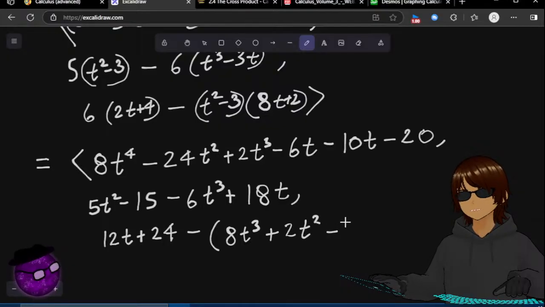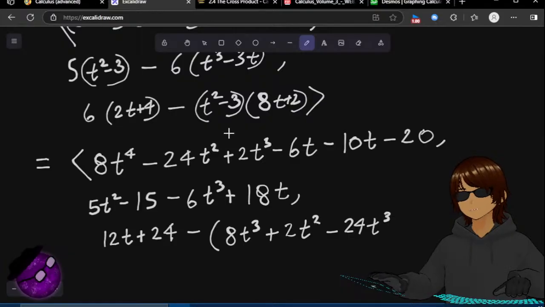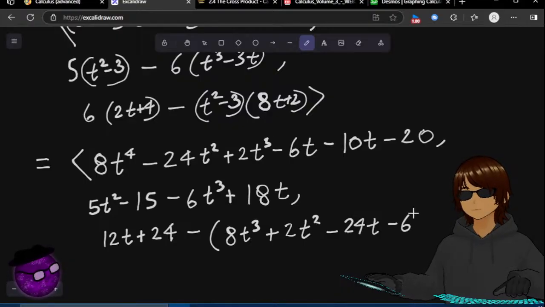And then 24 t cubed. What am I doing? You have t squared times both of these, so that's how we got 8t cubed plus 2t square, and then minus 24t minus 6.